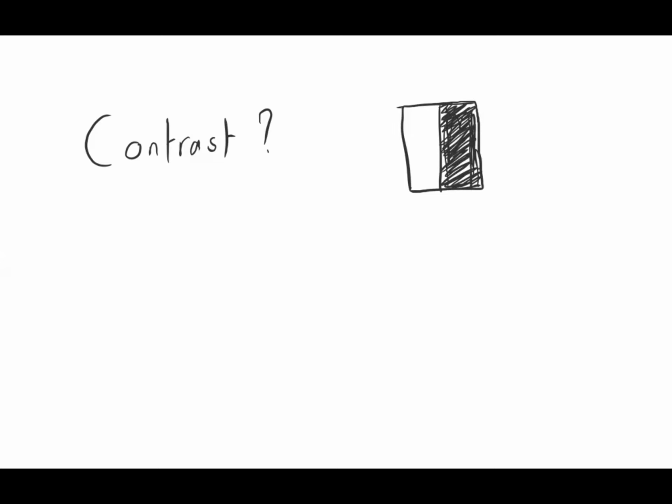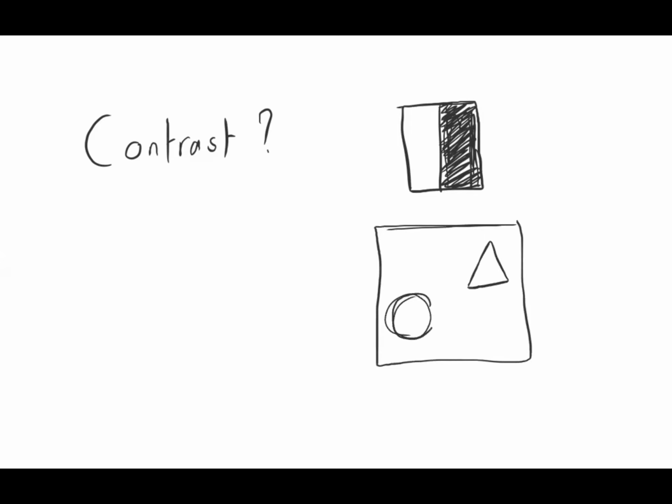Red and green color. Red and green. Okay, we'll come to that. We'll come about the colors and the contrast in them. But other than colors, you can have contrast in shapes as well, right? There's a contrast between the triangle and the circle.